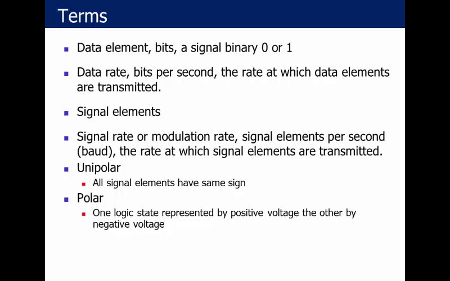But that is too much device oriented. And there are data rates. When you say data rates, usually it means how many bits can be transmitted per second. While we have data elements, we also have signal elements. A signal is usually generated by a device.